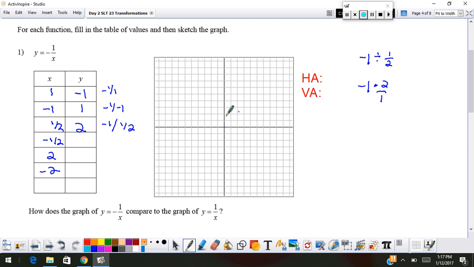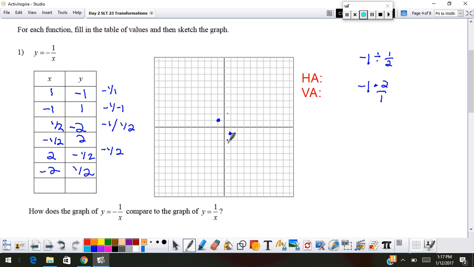And then if I do -1/2, that'll be 2. And then -1 divided by 2 is just going to be -1/2, and this is going to be +1/2.